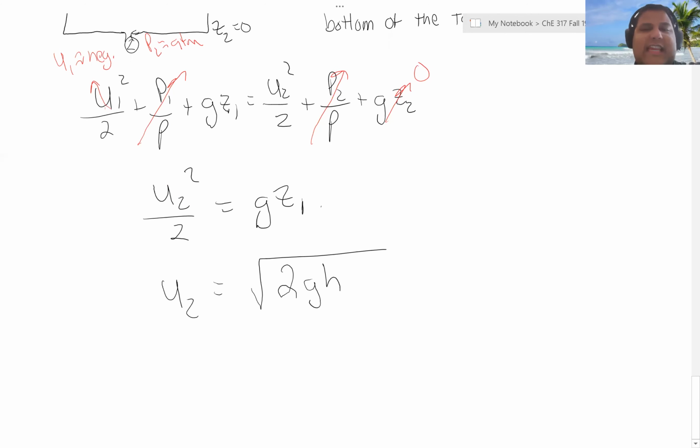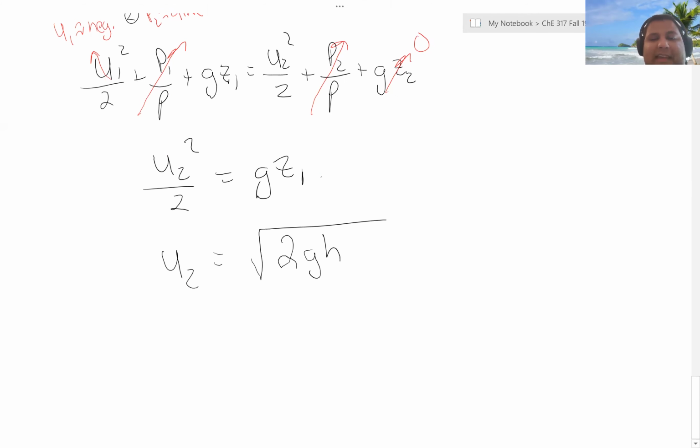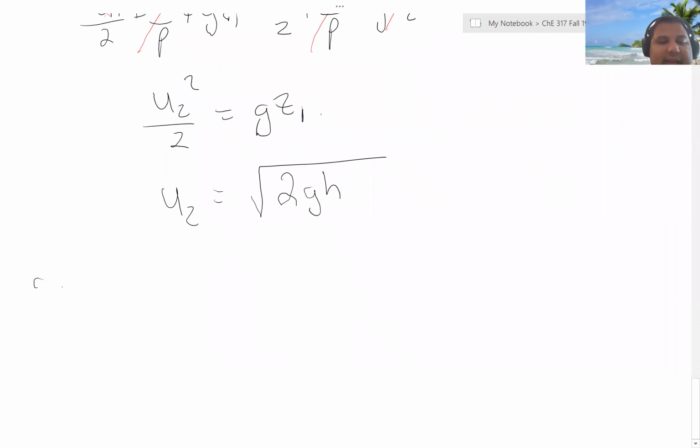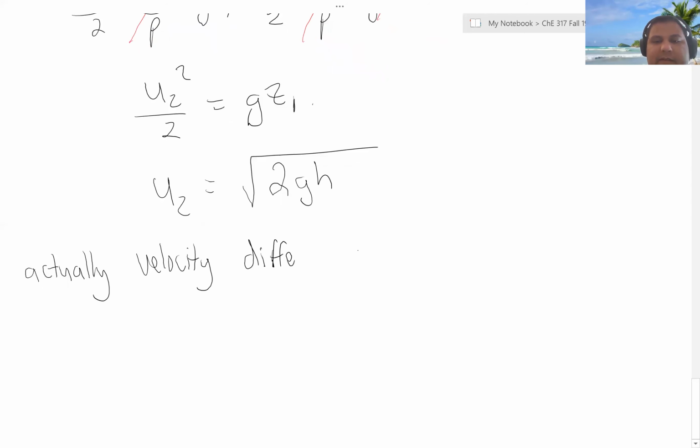Now, one thing we'll find is that the actual velocity differs from what is estimated by this Bernoulli balance.